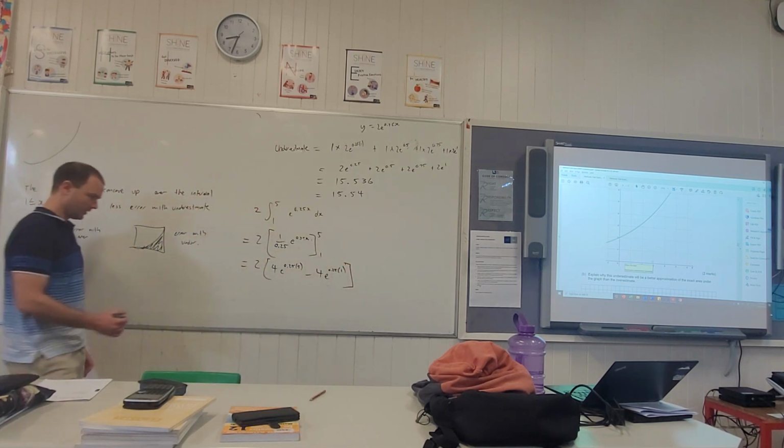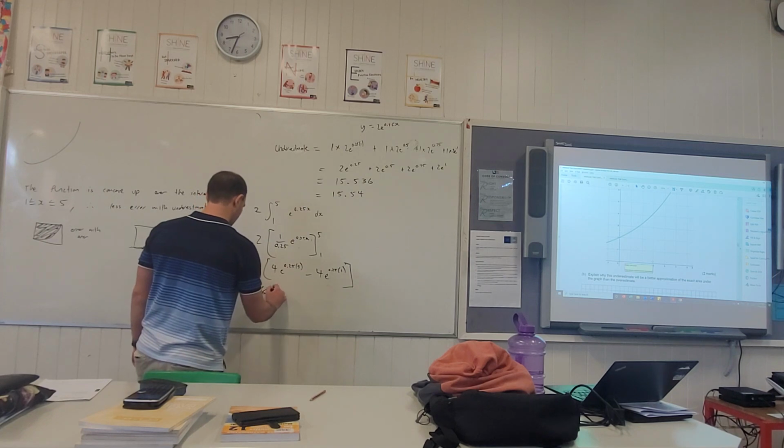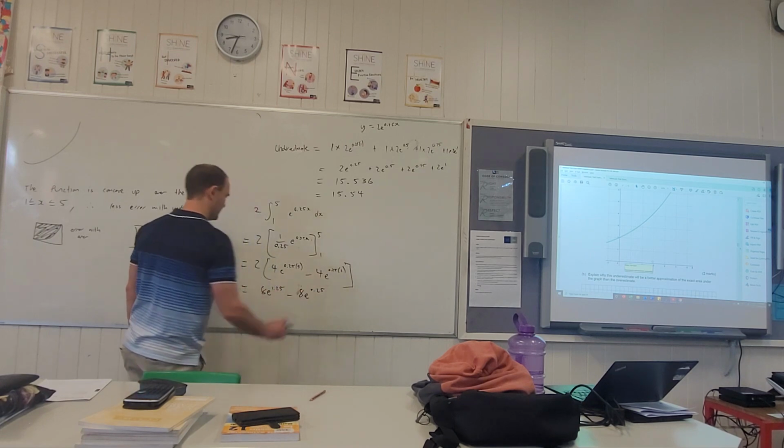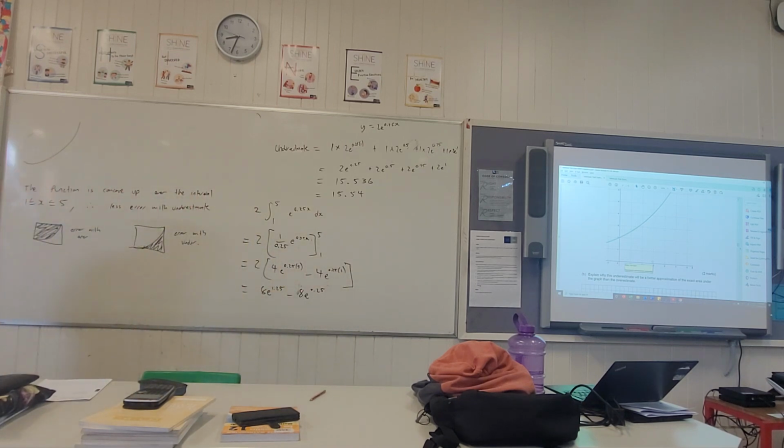And so in the simplest terms, that's 8e to the 1.25, take 8e to the 0.25. And we can't collect those in any way, they have different powers. You can leave the 8 out, you can factorise the 8, leave the number up front, doesn't really matter.